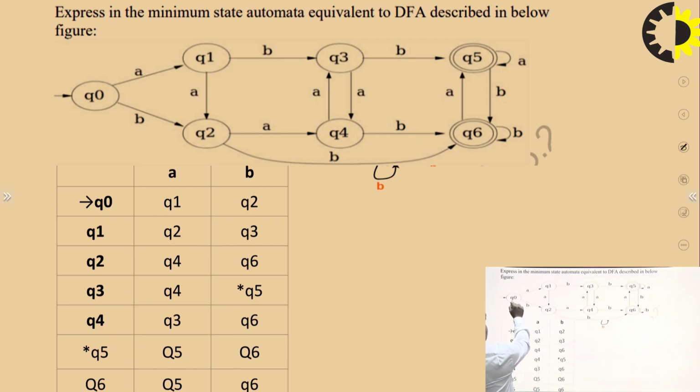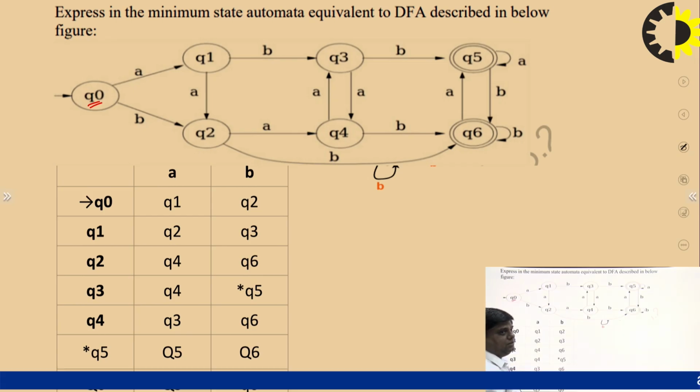It means for each state, A and B transitions are given. On every state, if all transitions are available, then that machine is known as the deterministic finite automata. So on every state we check that the A, B transitions are given, and we conclude that this is a finite automata.